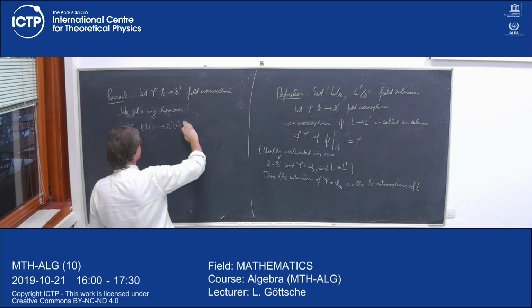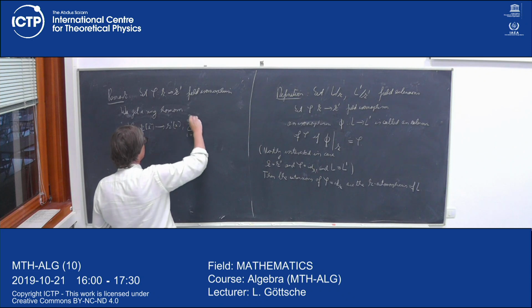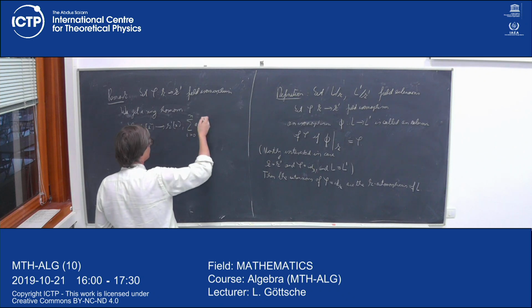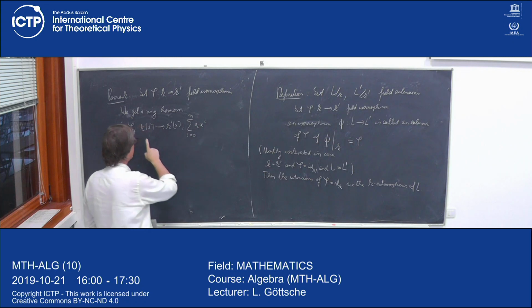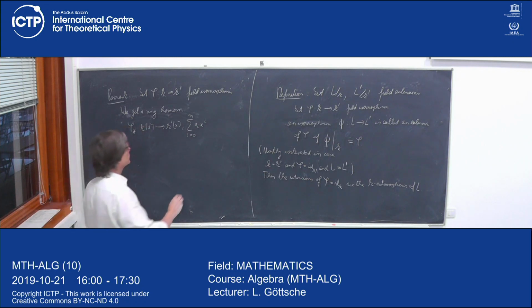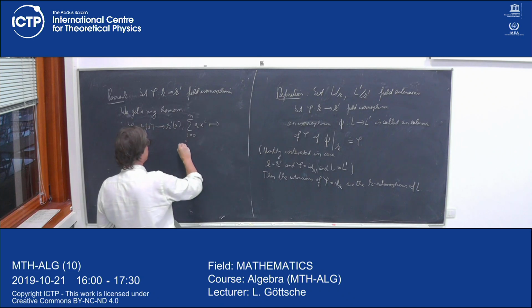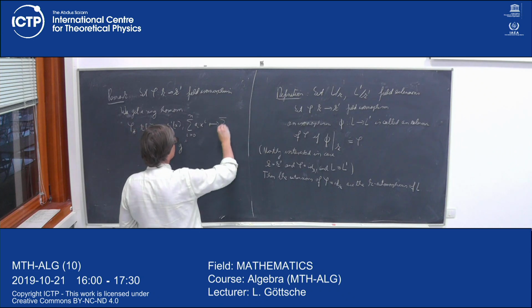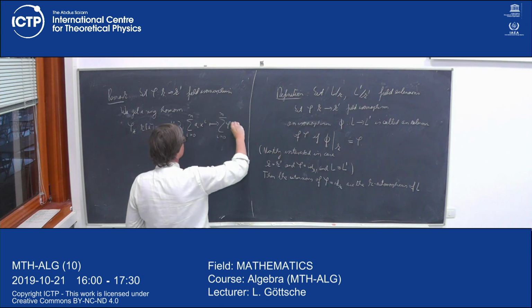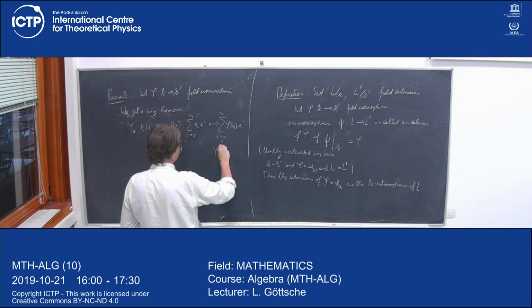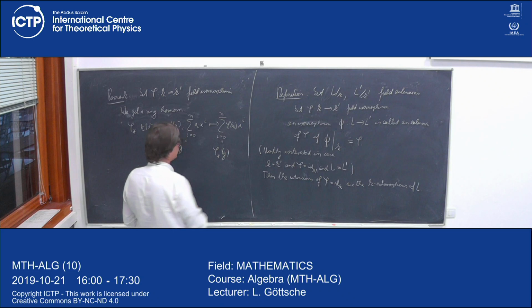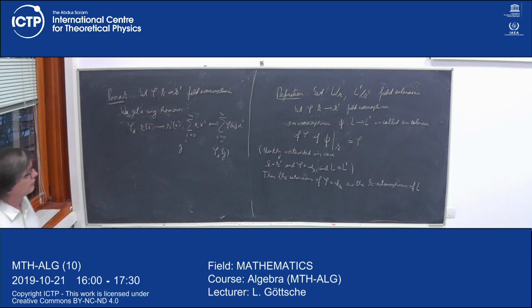So the sum for i equals 0 to n of a_i x^i, where the a_i are in k, is just sent to the sum for i equals 0 to n of phi(a_i) x^i, which I would call phi star of g.